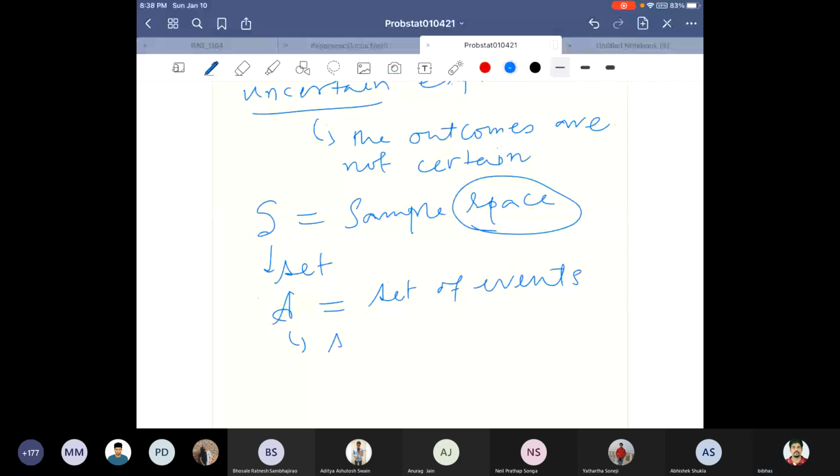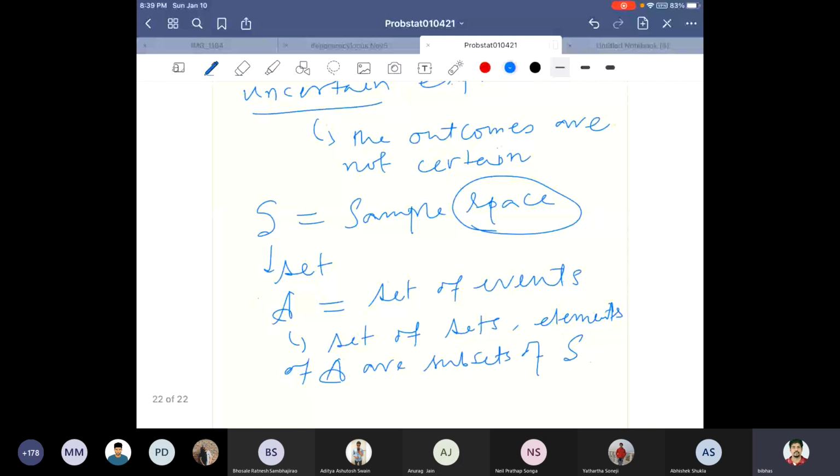So the elements of A are the events, which are subsets of the sample space.